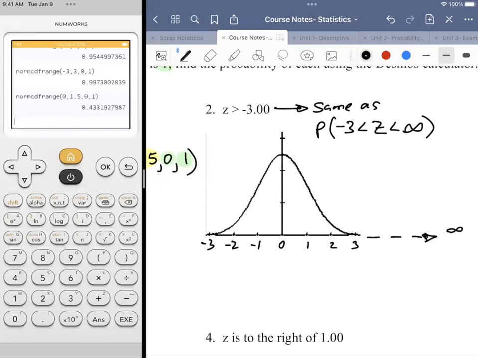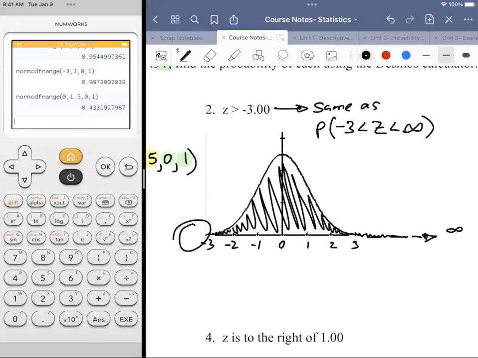What I'd be looking to shade here would be everything starting at -3 and going on out towards positive infinity if I could. All right, so I'm looking at almost all of the area. Whatever area over here that's not accounted for, whatever that area is, it's got to be minuscule.